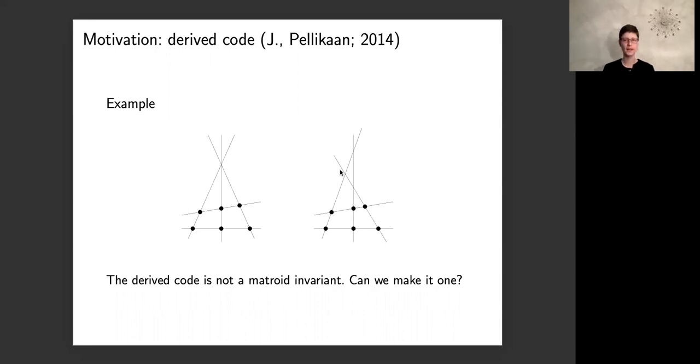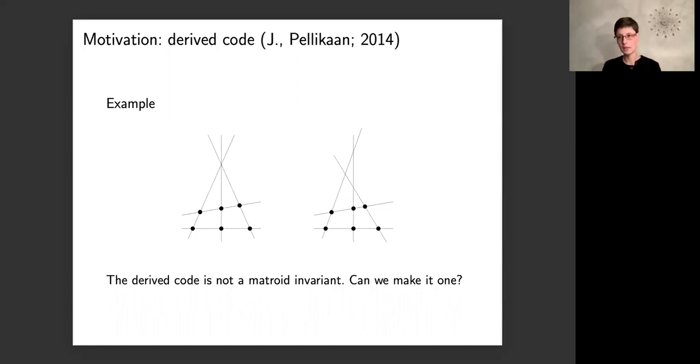Because from a Matroid perspective, what do we expect to happen? Well, we expect to be on the right-hand side, because those 3 lines that we end up with, in general, we don't expect them to go through the same point. So we were thinking maybe we can do something to make the most general option for this derived code.